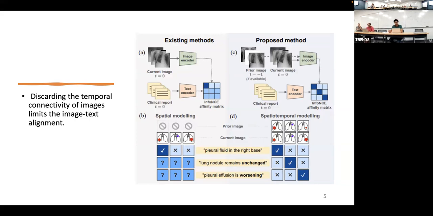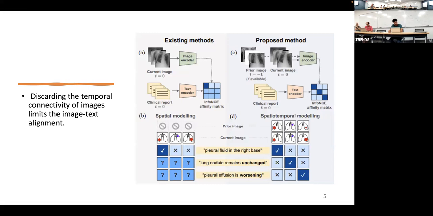Otherwise, this method could work even without a prior image. So they use the prior image and the current image, pass them through the image encoder, and then the clinical notes, and get an affinity matrix. If you look at B and D, you see the affinity matrix for both approaches.